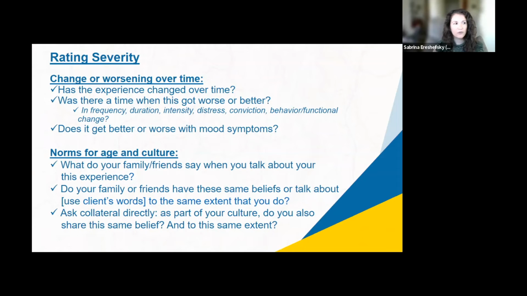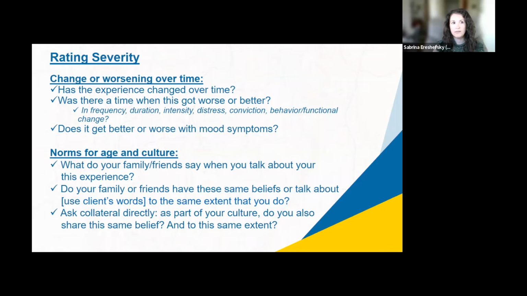And then the last few sections we have here, we're trying to define change and worsening. It's kind of hard sometimes to operationalize. So we want to try to get at what is their understanding? Has the experience changed over time in any way? And was there a time when this got better or worse, right? We want to better understand the experiences.